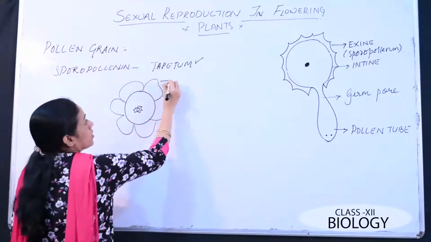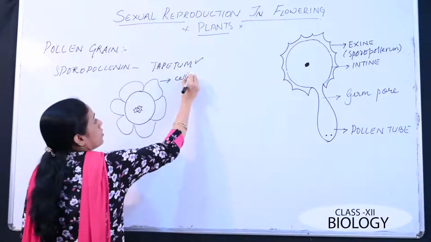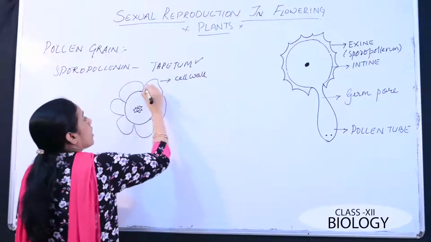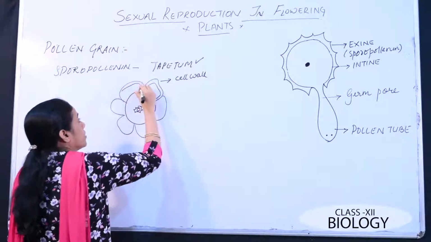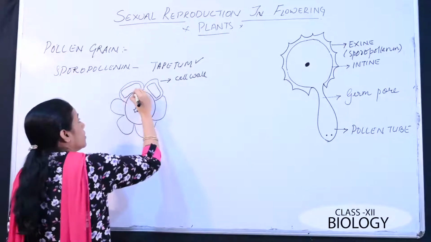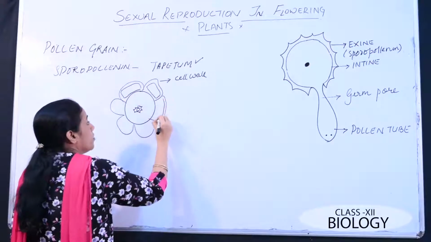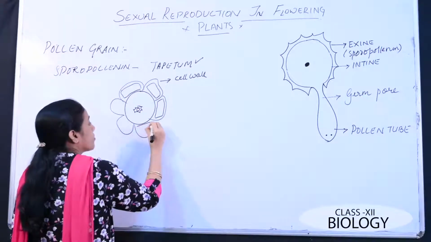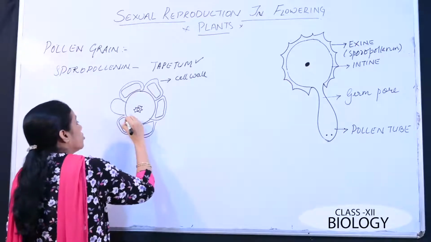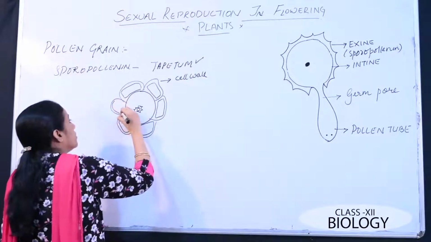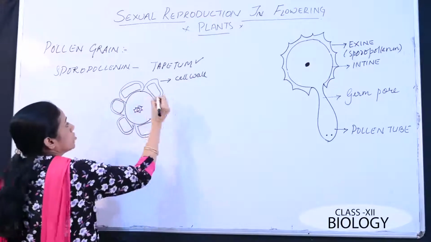Now this is the cell wall, and here is another layer interior to it, and that is the plasma membrane. You can draw along with me. So I'll label this also.